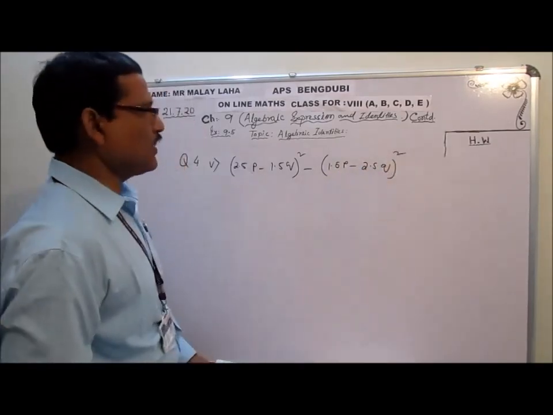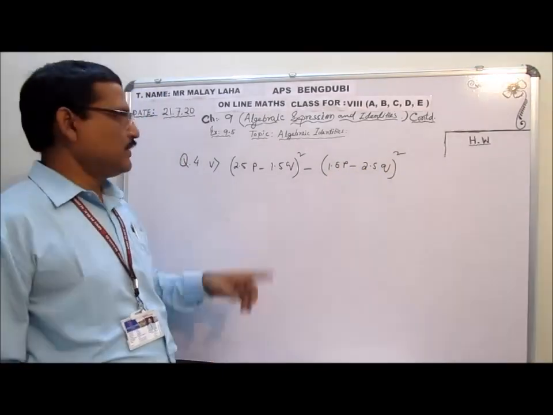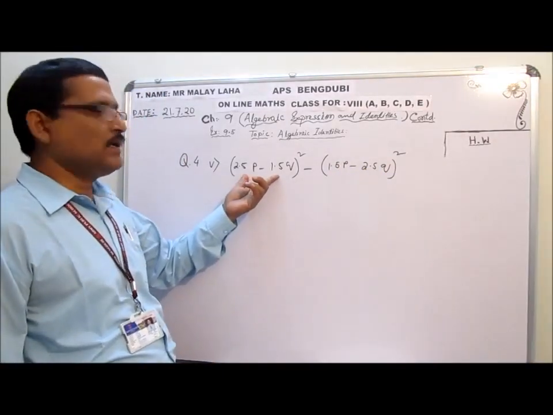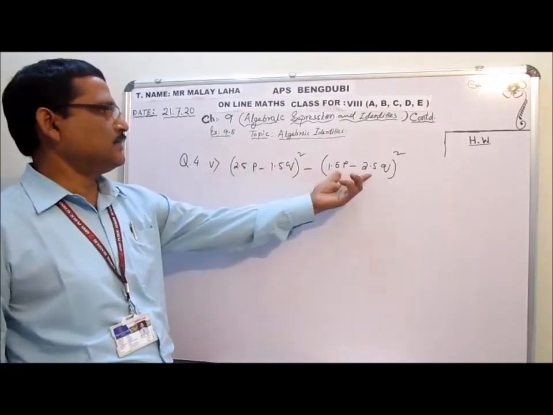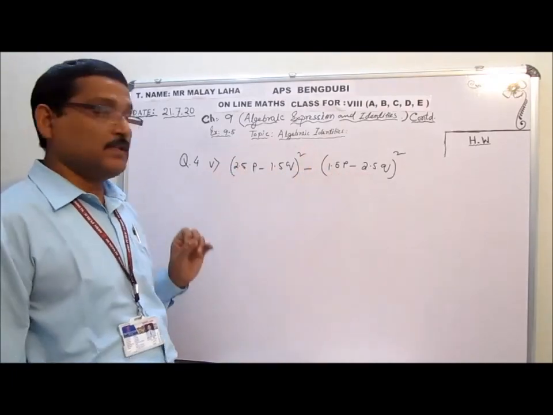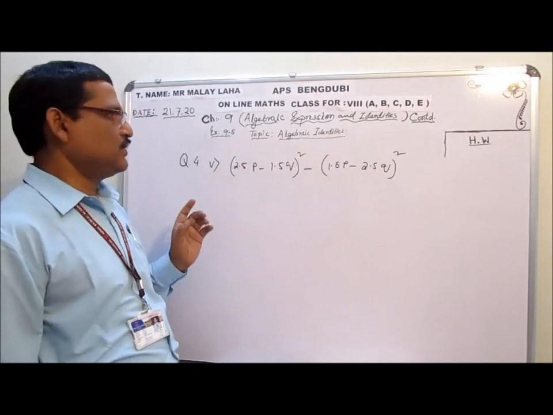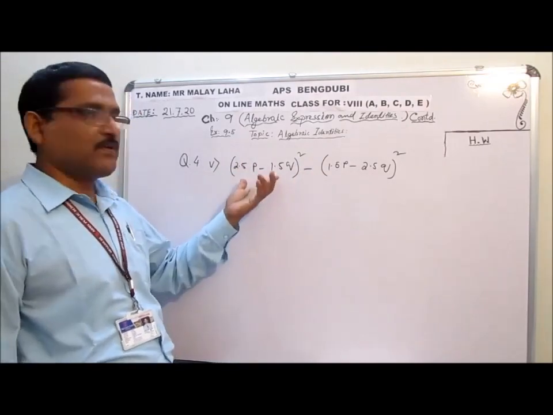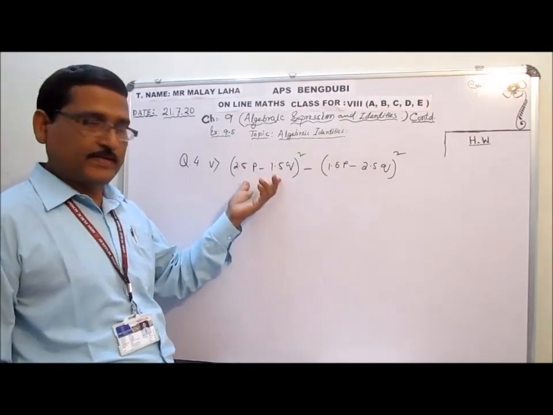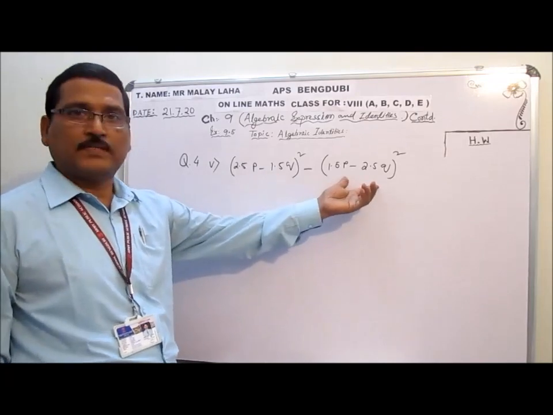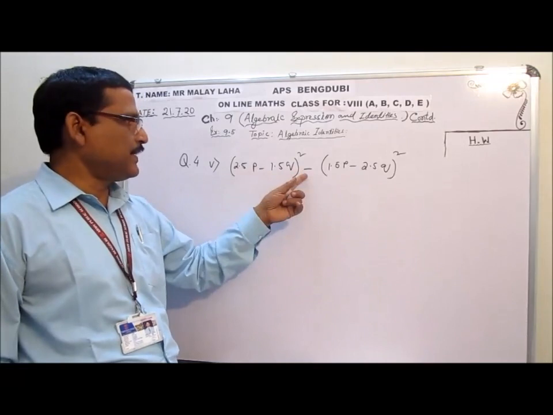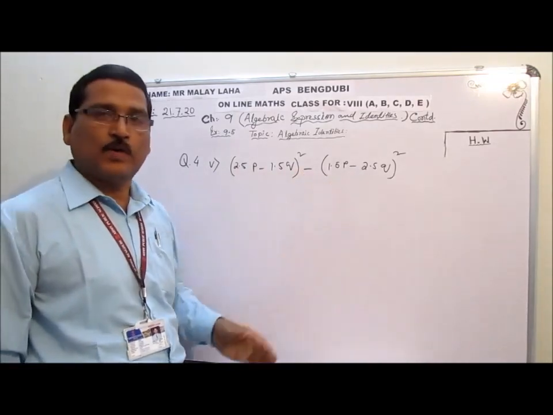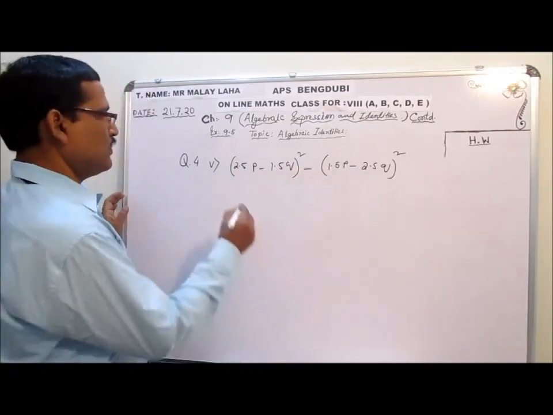Now here a square minus b square you cannot apply, because a and b are not the same; here a is this part and b is this part. If you apply it, there is a chance of mistake. So what we are doing: we take the first part, solve, and get the result. We take the second part, solve, and get the result. Then first answer minus second answer, whatever you get at the end, is your final answer.